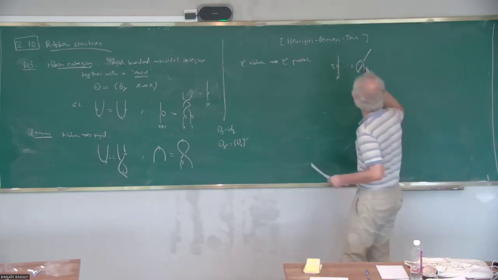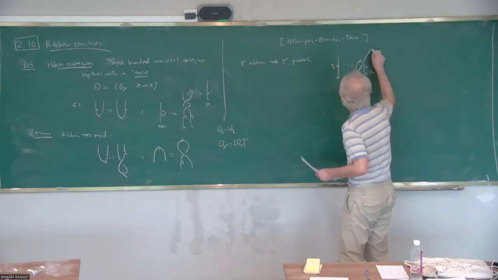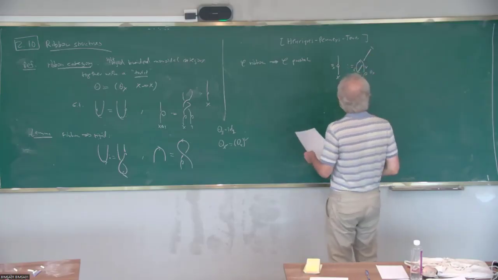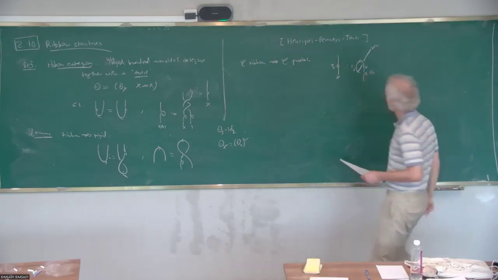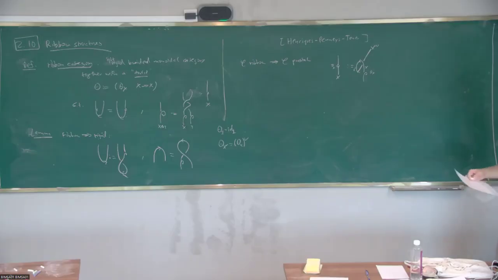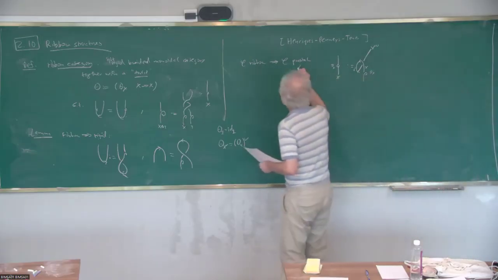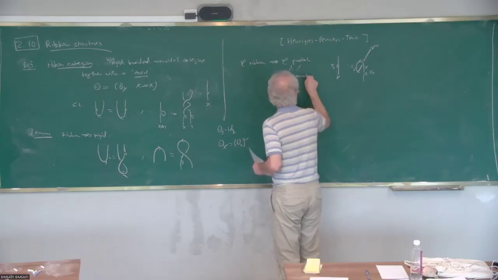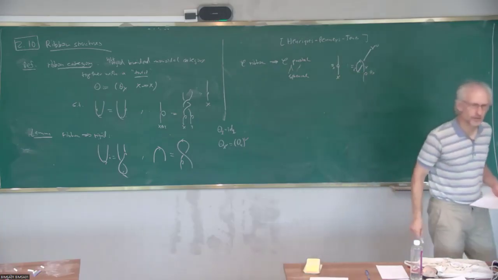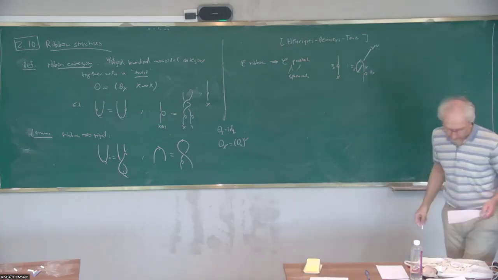You see this goes from X to X, then we have X dual here, and here we have X double dual. And in fact, the so obtained pivotal structure is always already spherical.